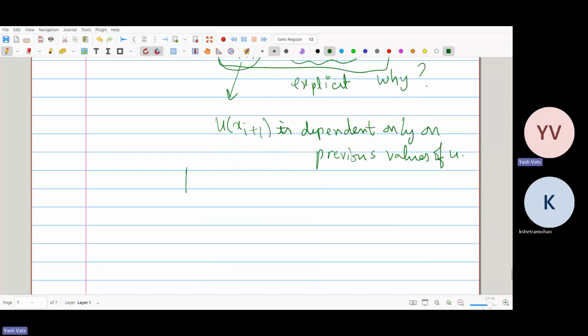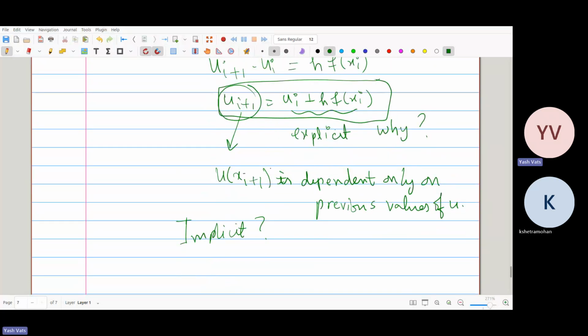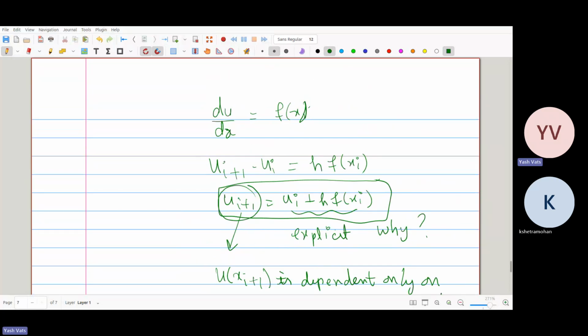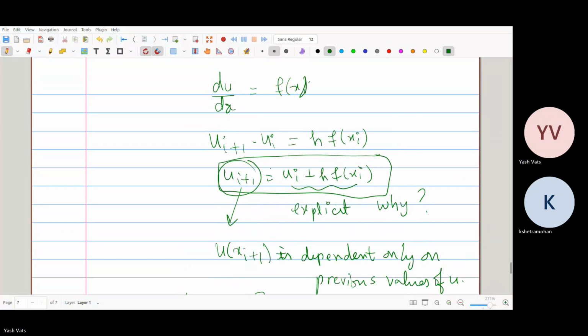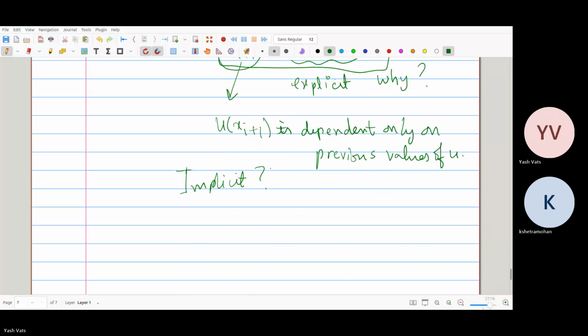But implicit is different, right? What is implicit?